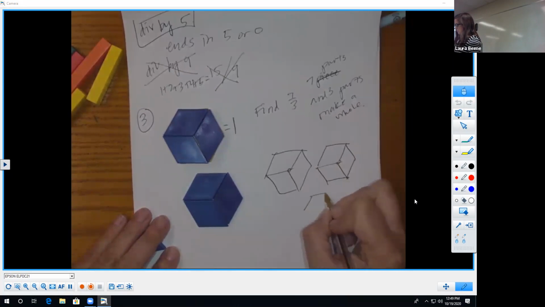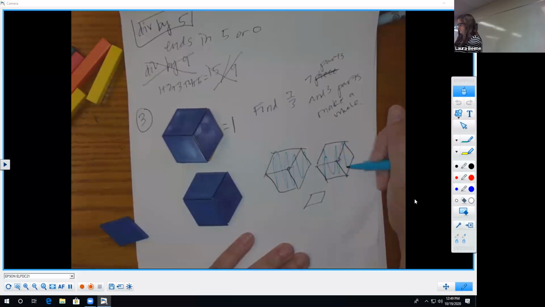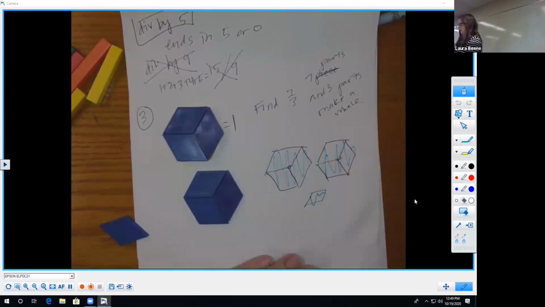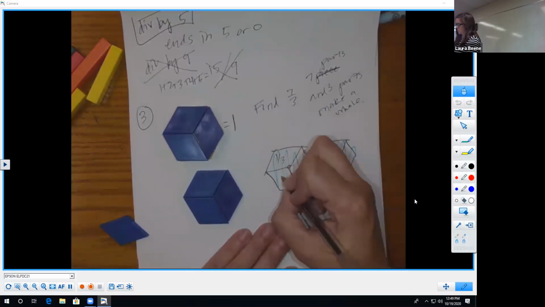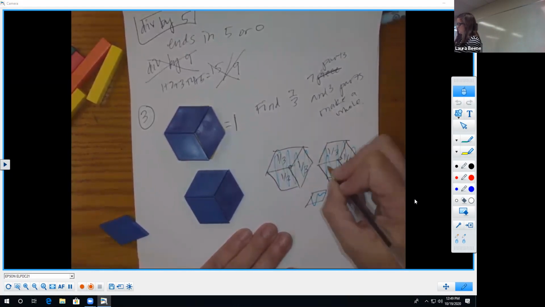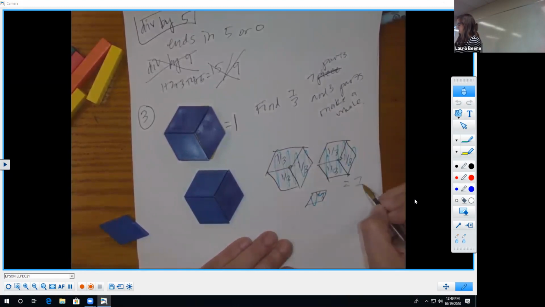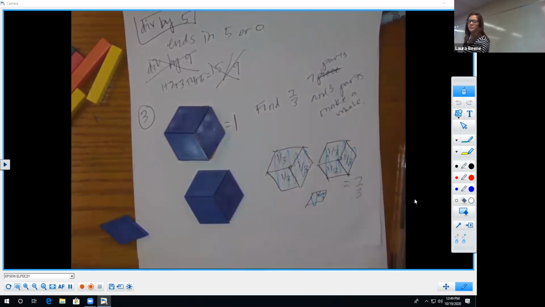And I would draw 1 more of them, and I'd shade them all blue. And you could label them if you wanted to. 1/3, 1/3, 1/3, 1/3, 1/3, 1/3, and 1/3. If you add all those up, you get 7/3.